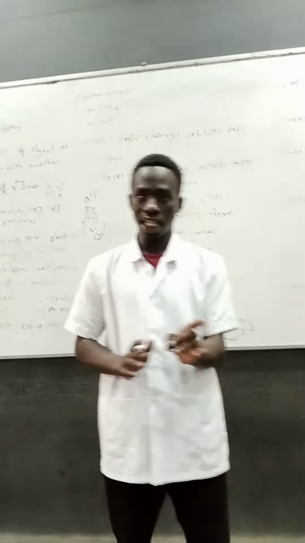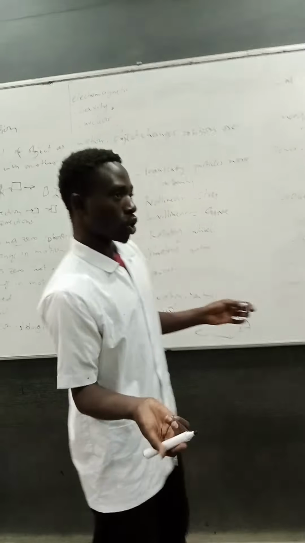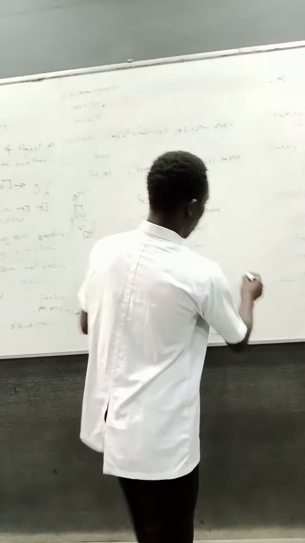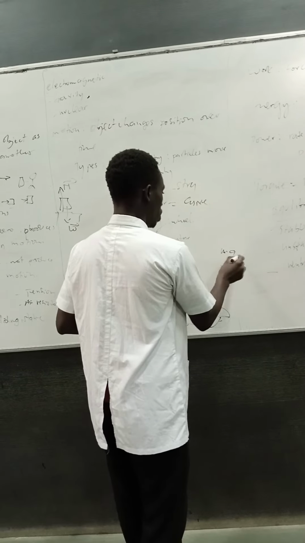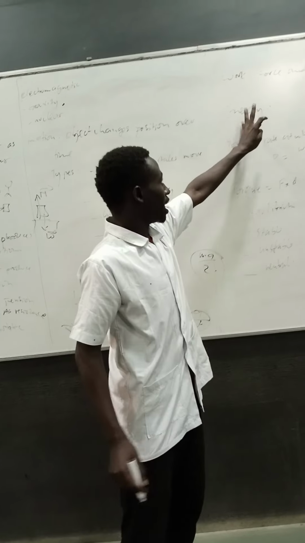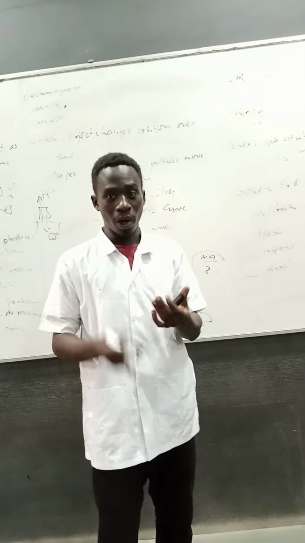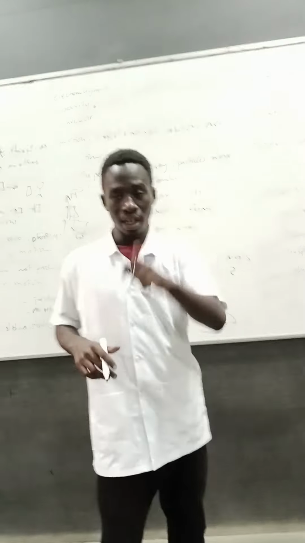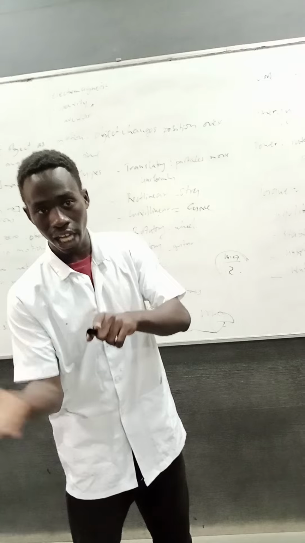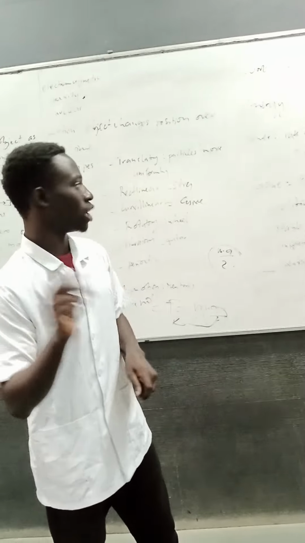There is kinetic energy, which is the energy due to motion. Kinetic energy is given by mass and velocity squared over 2. Then there is power. Power is the rate at which work is done. Power is given by the work divided by the time taken to do that work.